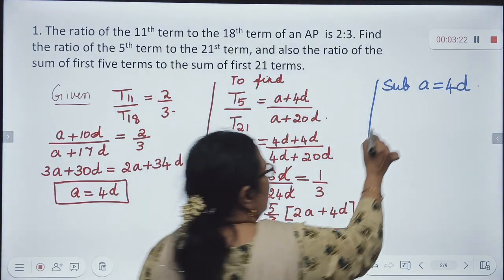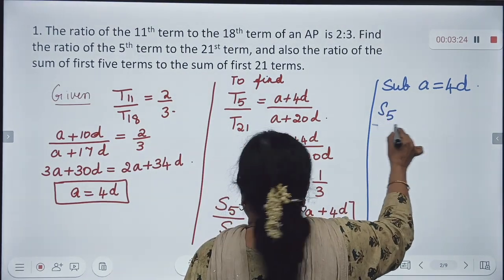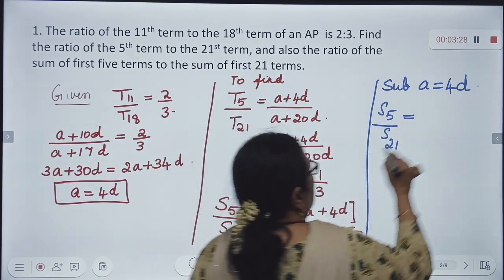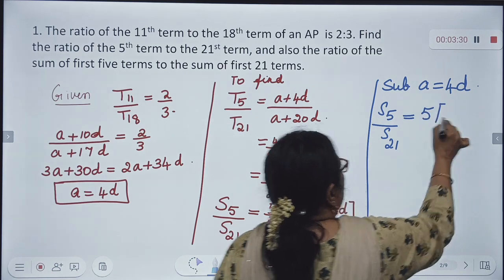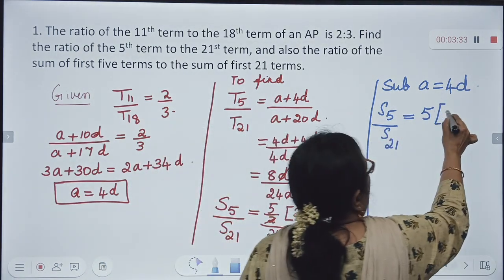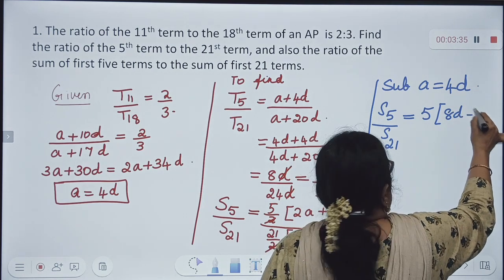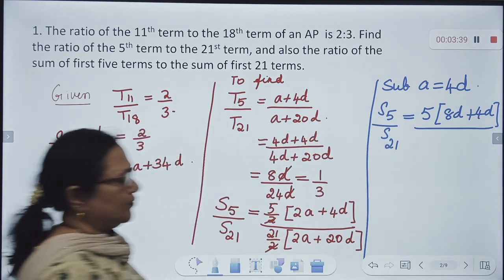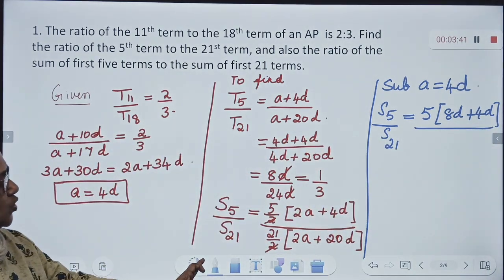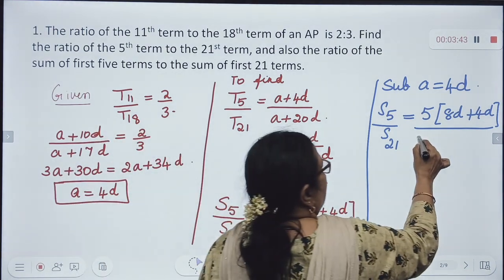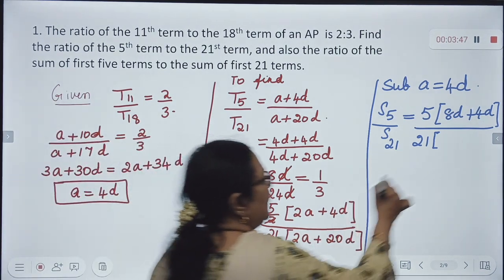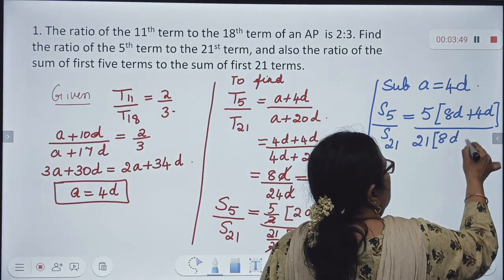So you get S5 by S21 is equal to 5 into 2A. 2A will be what? 8D plus 4D, by, what is S21? 21 into 2A. 2A is what? 8D plus 20D.